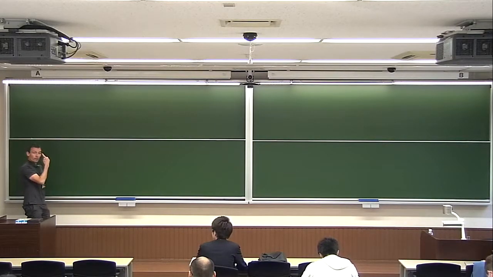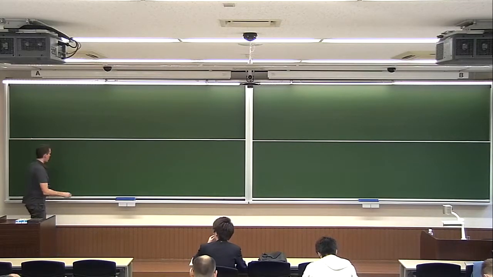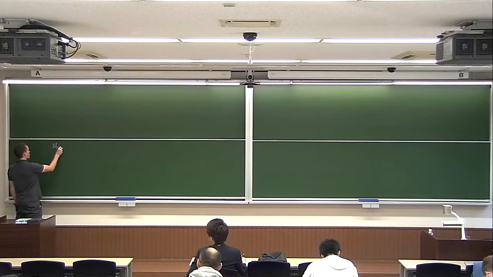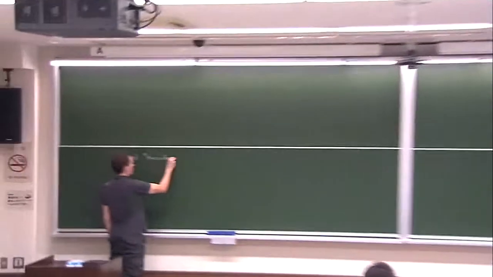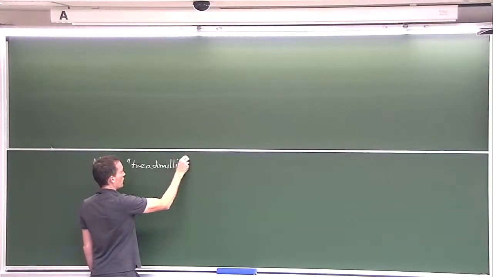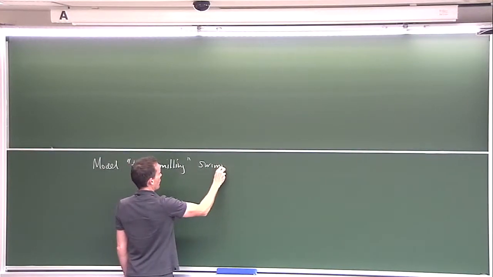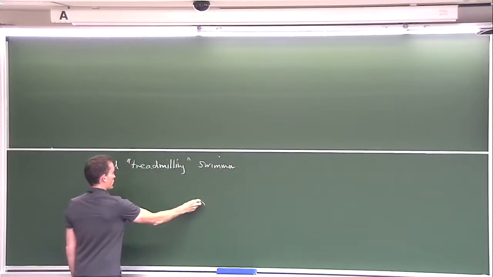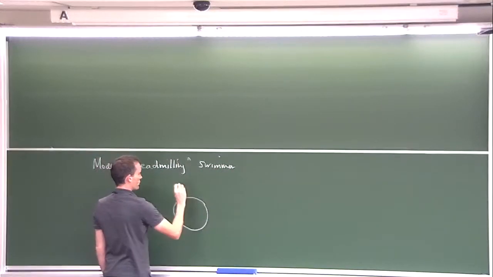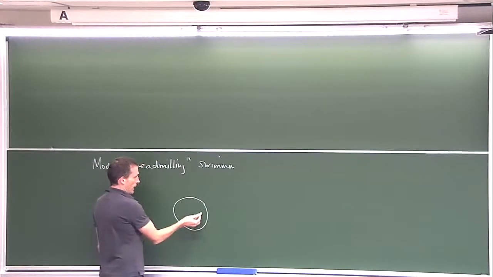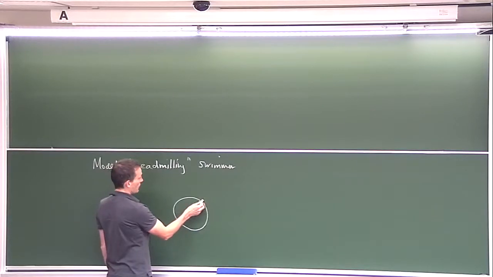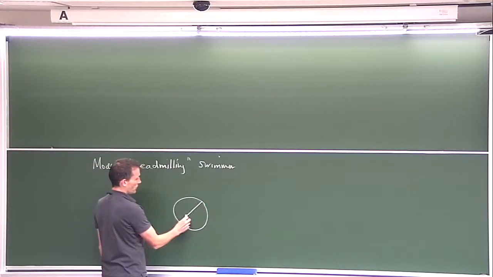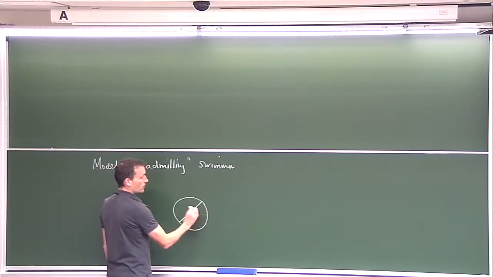So remember what we're trying to do. I introduced this model swimmer, a model treadmilling swimmer. It's circular and doesn't change shape, but it's got some distinguished direction that's marked on it.